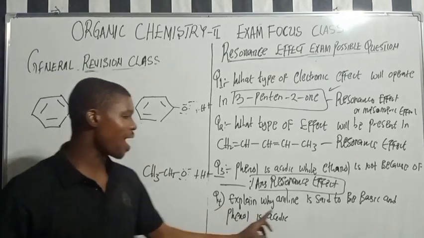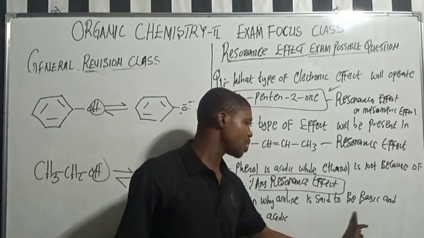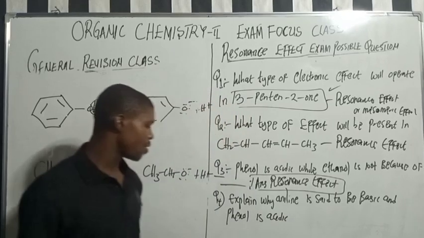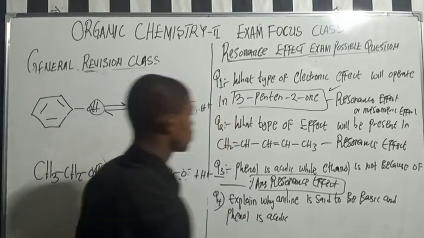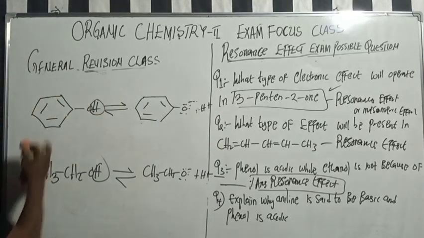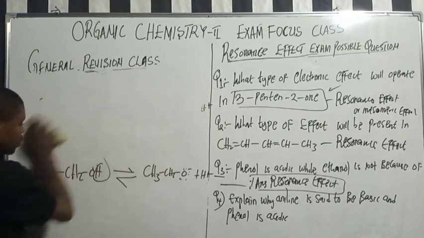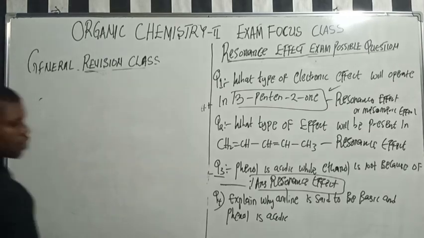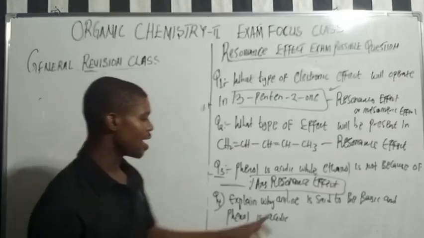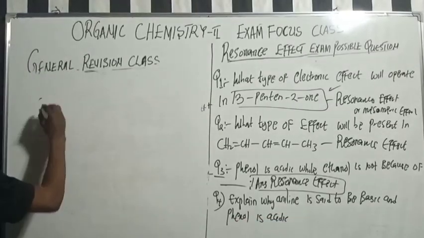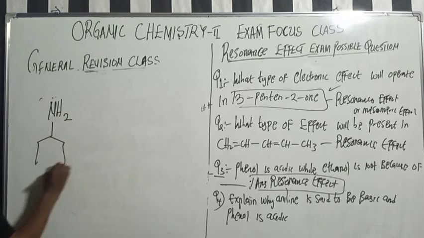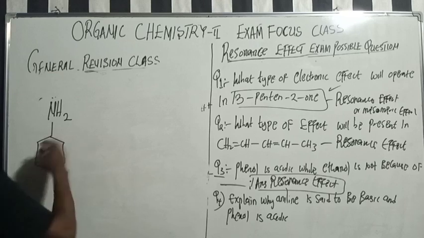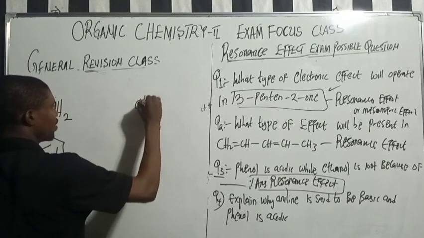Question 4. Explain why aniline is said to be a base, and phenol is not. Why? So if you check me very well, aniline is like this: NH2. Then you have OH.